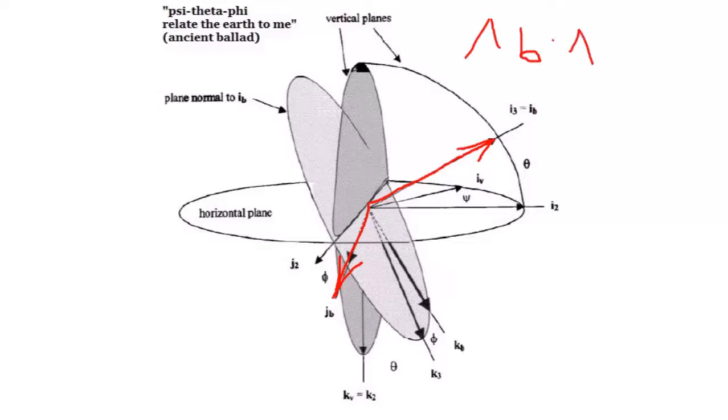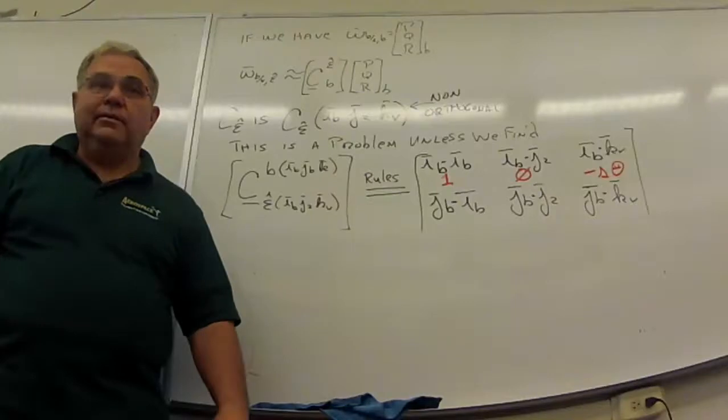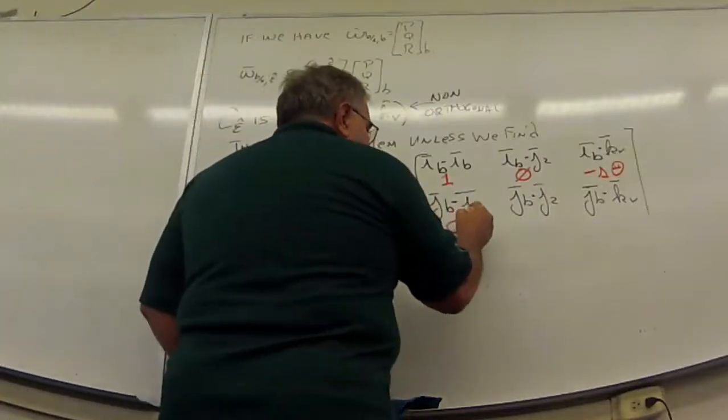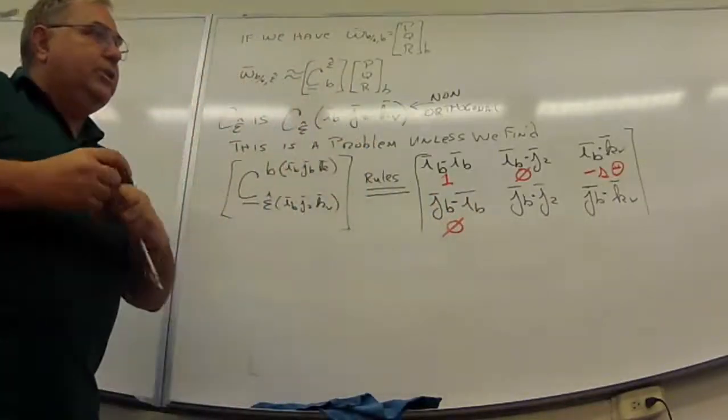What's JB dotted with IB? My old neurons can't be ahead of you on this one. What's the projection of JB onto IB? Got to be 0. Okay? Got to be 0. How about JB and J2?